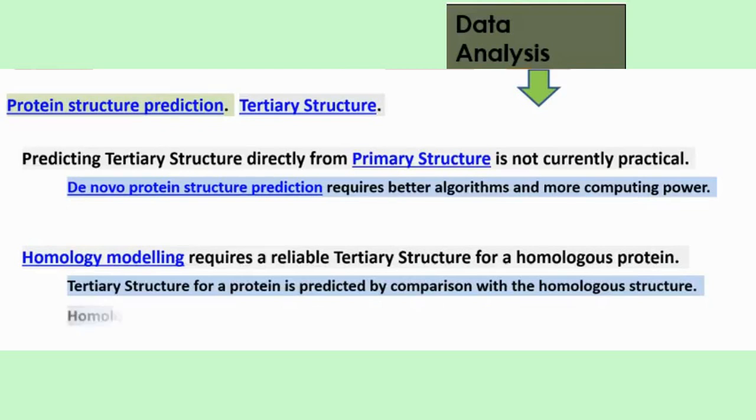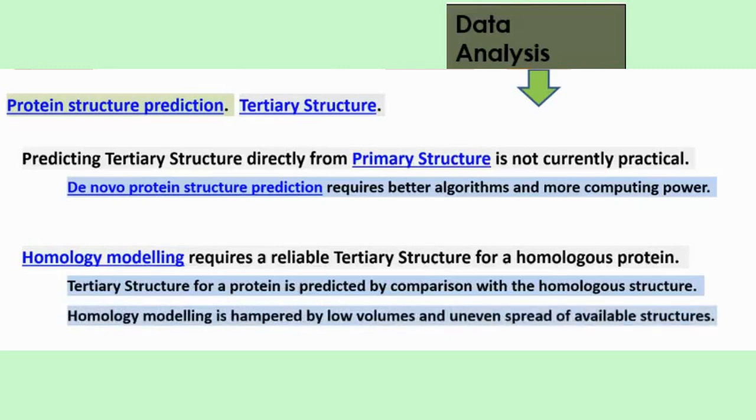The number of available, experimentally determined, protein structures grows at a much slower rate than, for example, the volume of available sequence data. Also, some proteins are less amenable to experimental structure determination than others, so the variety of available structures is not uniform. But, never fear. Things can only get better.